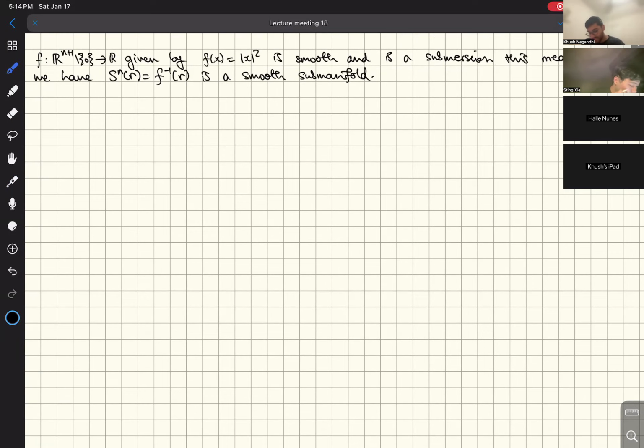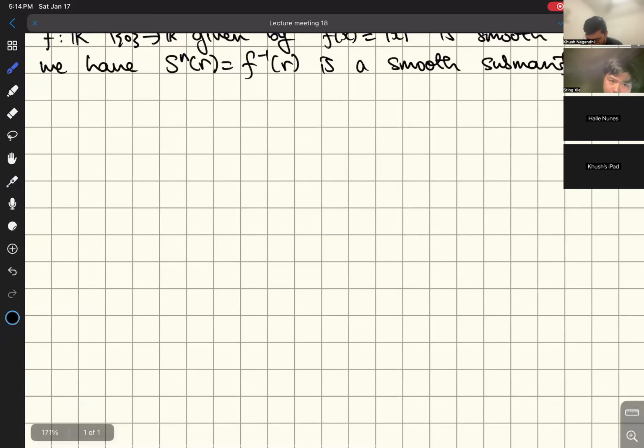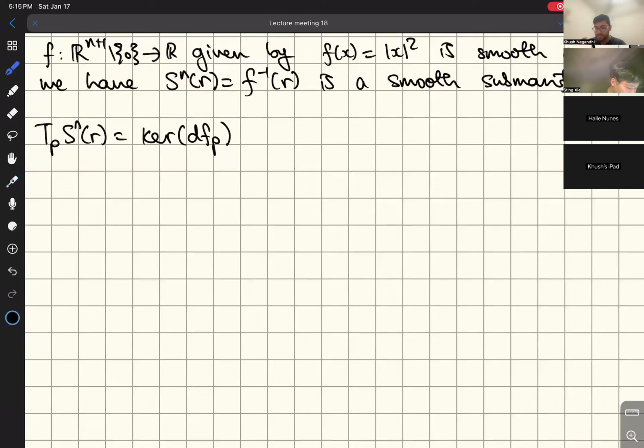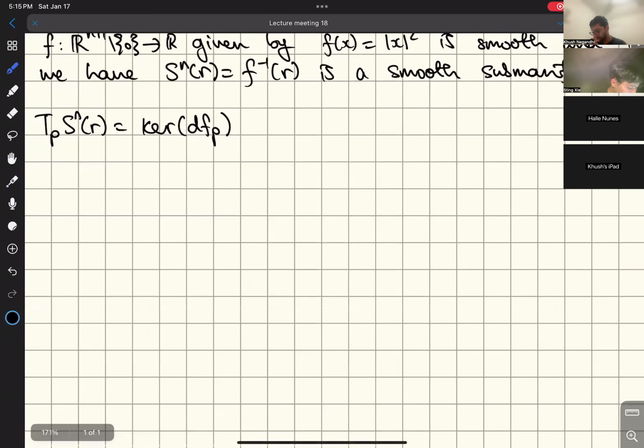But on the other hand, we saw that the tangent space T_p S^n at r was nothing but the kernel of the differential at the point. And so we'll use this to compute the tangent space at a point p. Okay.